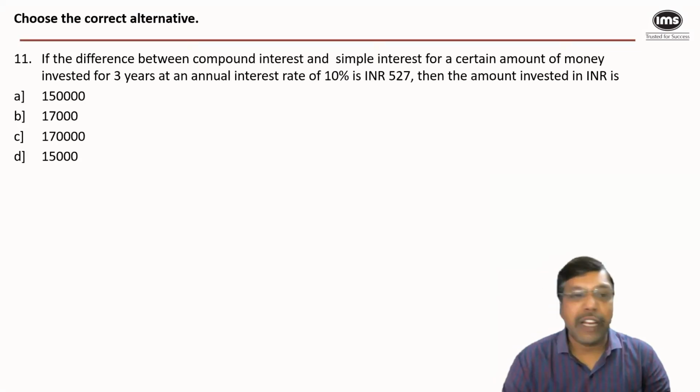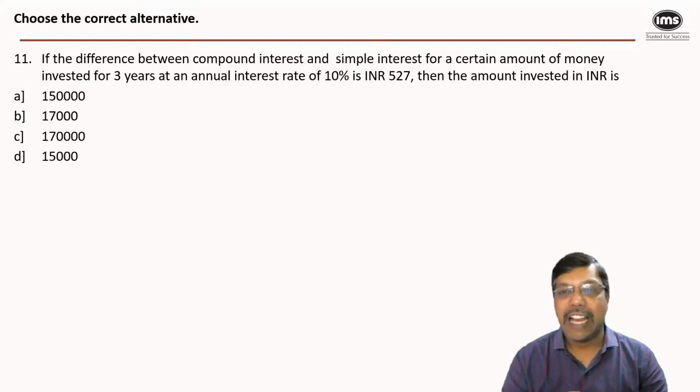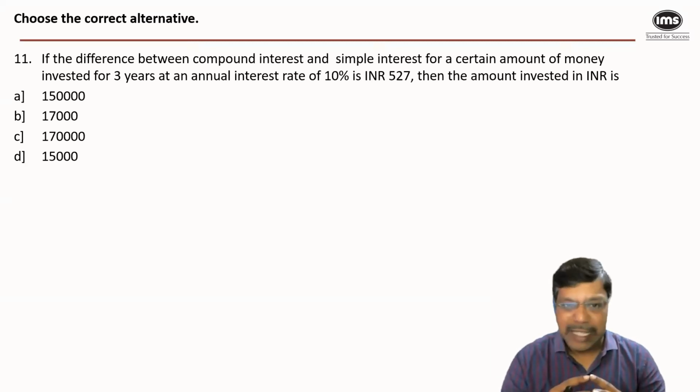If the difference between compound and simple interest for a certain amount of money invested for 3 years at an annual interest rate of 10% is 527, then we are to find the amount invested, which is nothing but principal.